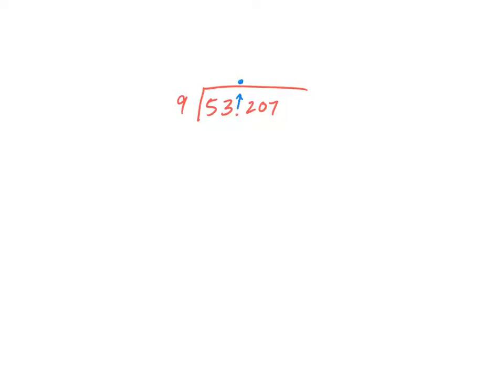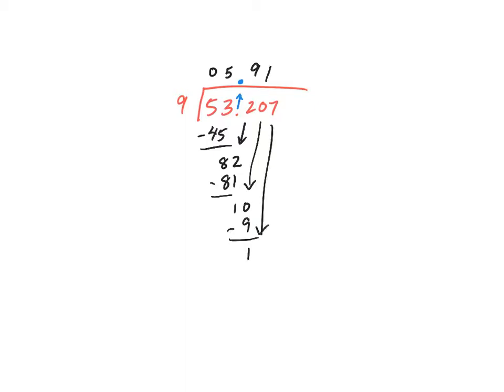And now I'm ready to go ahead and do my division. 9 doesn't go into 5, but it goes into 53 5 times. 9 goes into 82 9 times. 9 goes into 10 once, and into 17 once as well. Now I have a remainder of 8.